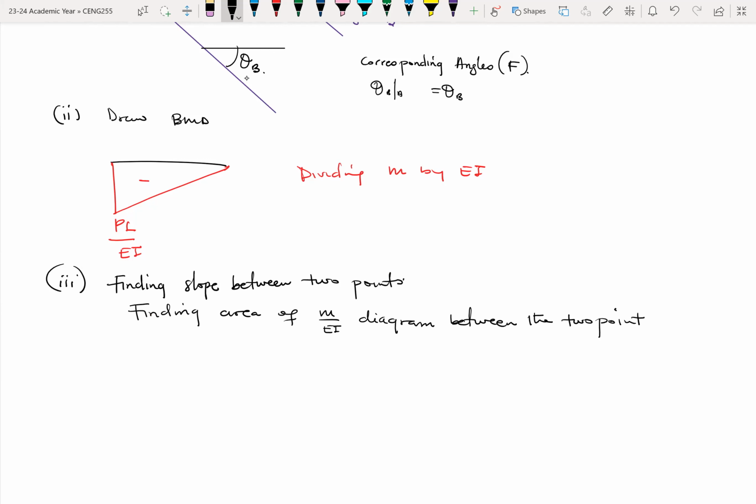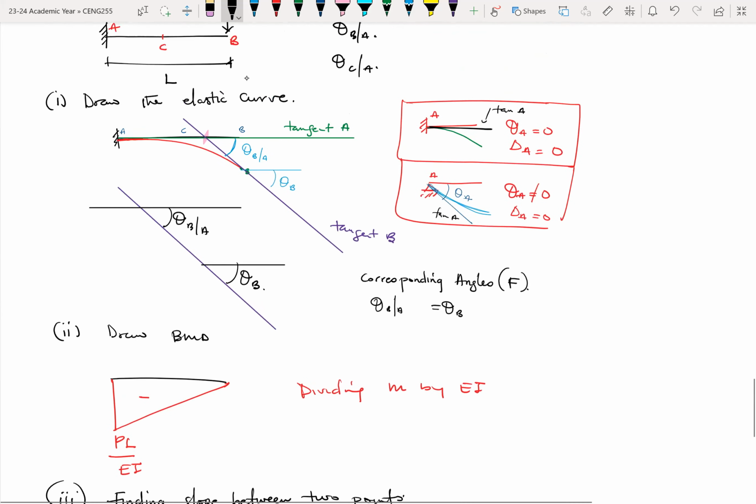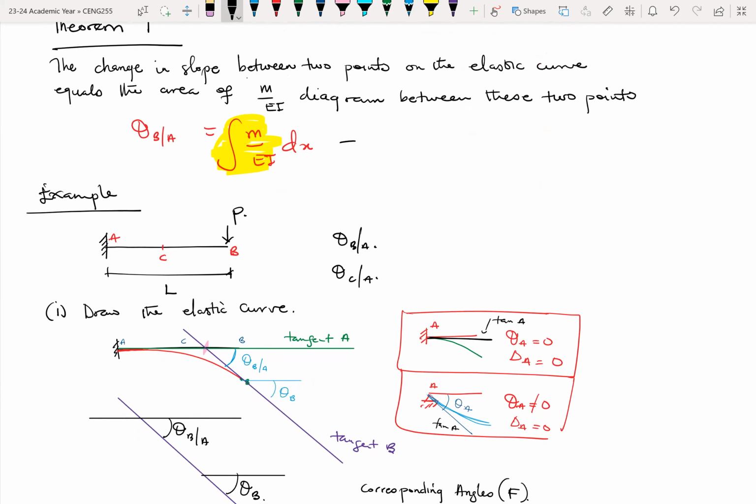All right, so the geometric approach, this is where geometry comes in. We are finding area. So I can go back here and write that this is the same as finding area of the M over EI diagram between points A and B.